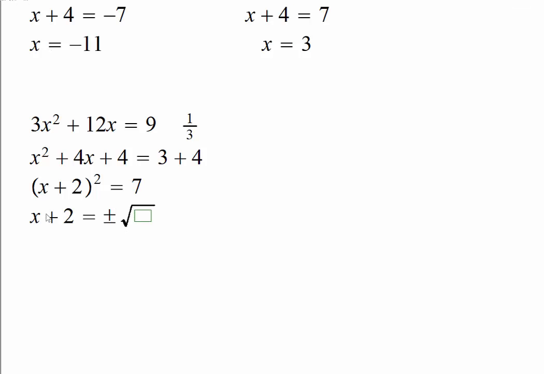Now you can go ahead the way you did here and obtain x equals -2 minus the square root of 7, or x equals -2 plus the square root of 7. So these are the two solutions here.